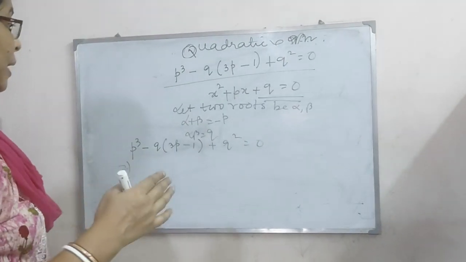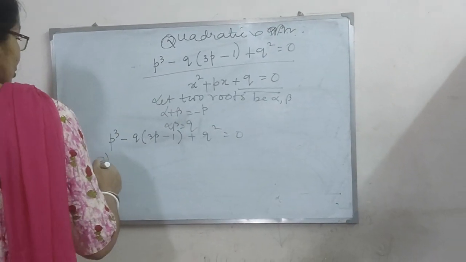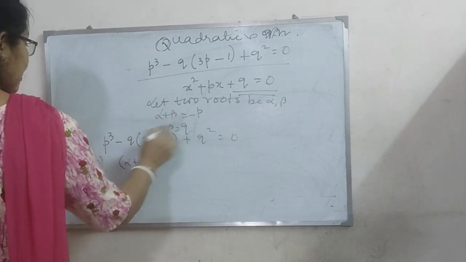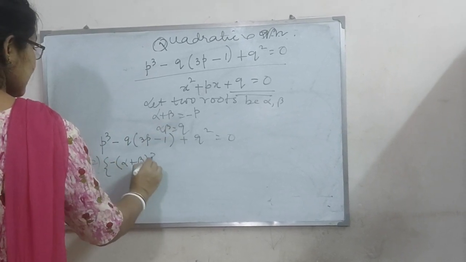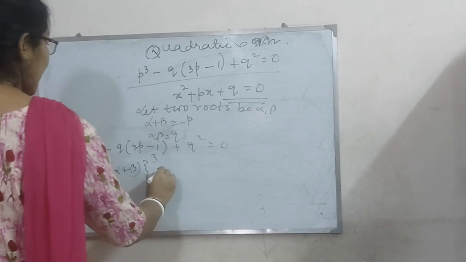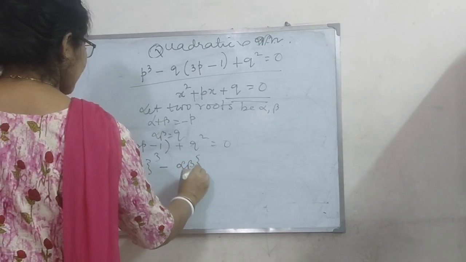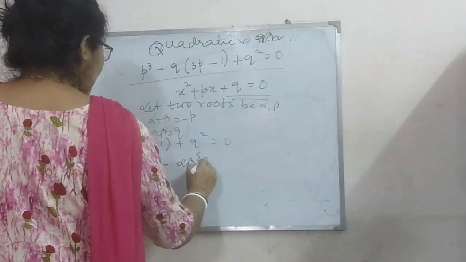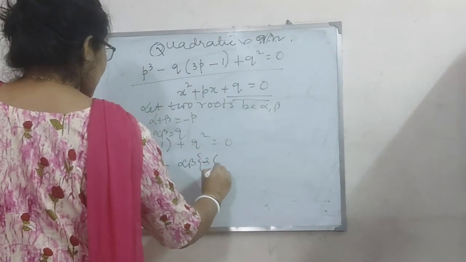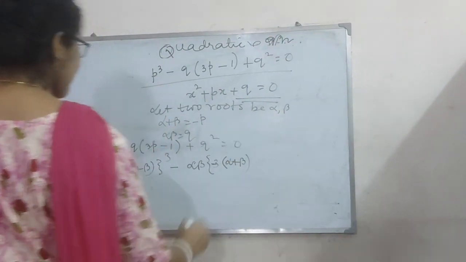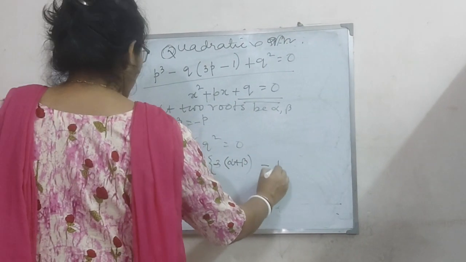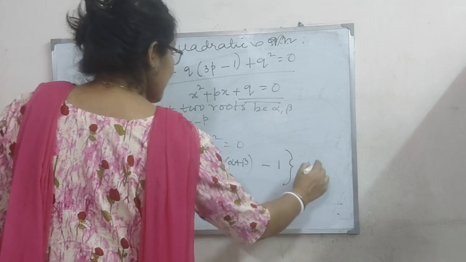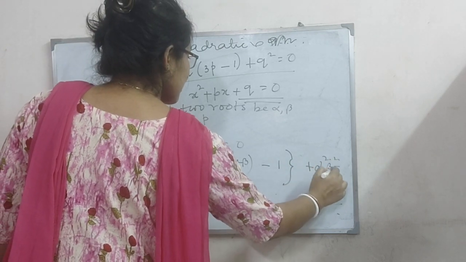Putting the value of p and q, we will get minus (alpha plus beta) whole cube minus alpha beta into (3 into minus (alpha plus beta) minus 1) plus alpha square beta square, this is equal to 0.